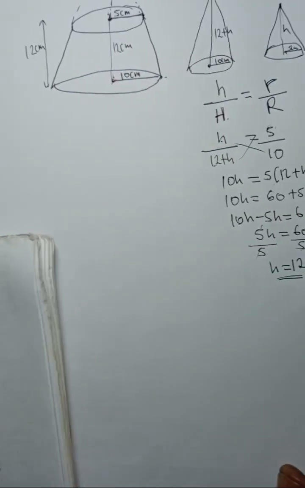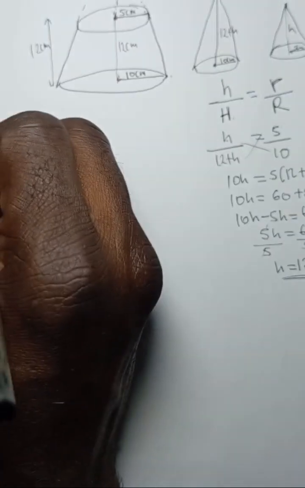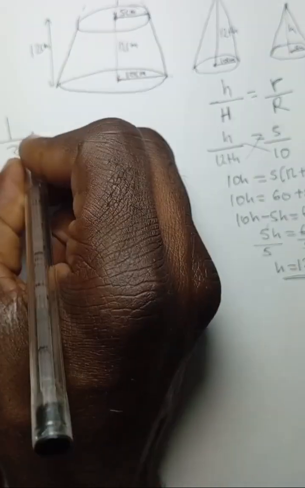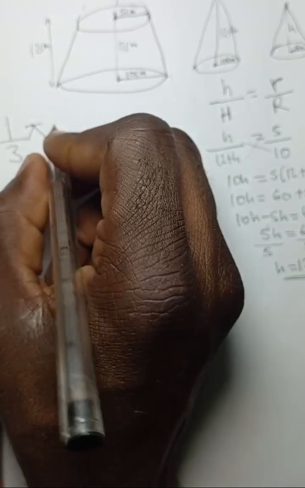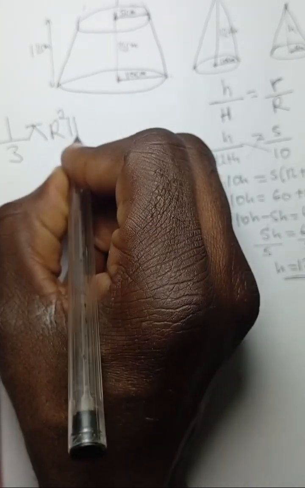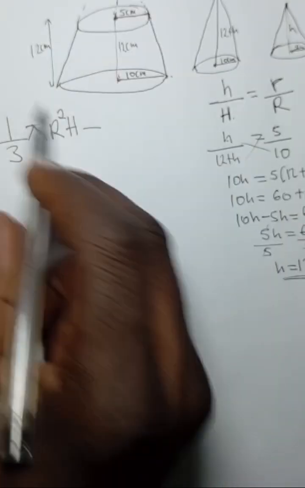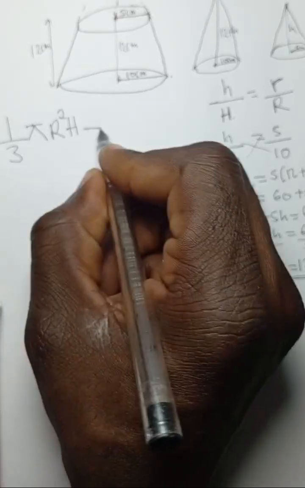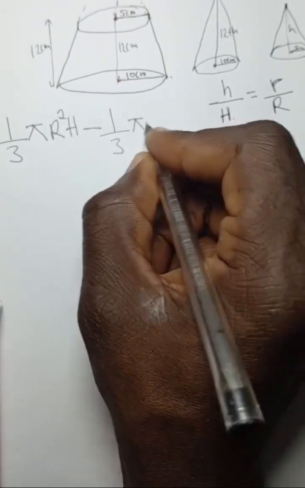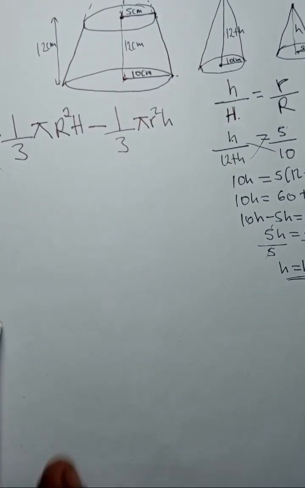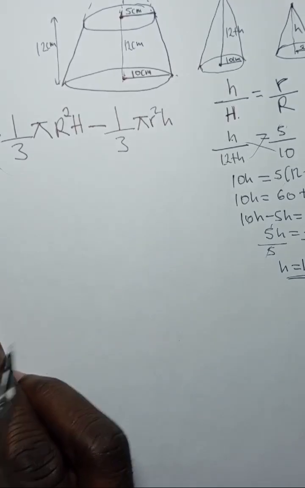So therefore now, to find the volume of the frustum, the formula is volume is equal to 1/3 multiplied by pi R squared H, for the bigger cone with capital letters, minus the volume of the smaller cone, which is 1/3 pi r squared h, using small letters. Before you do anything here, allow me to factorize what is common.